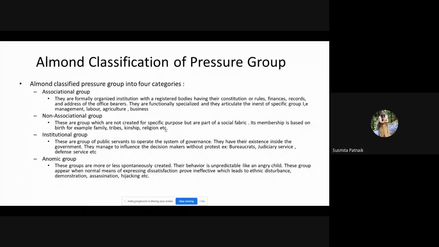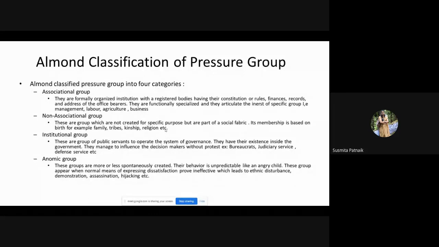Next one is the anomic group. The group which suddenly is created. Suppose there are certain types of public policies the government has given to the people, and that was not satisfactory to a specific group. So if the decisions of the government are not satisfactory to any specific group, then what will happen?